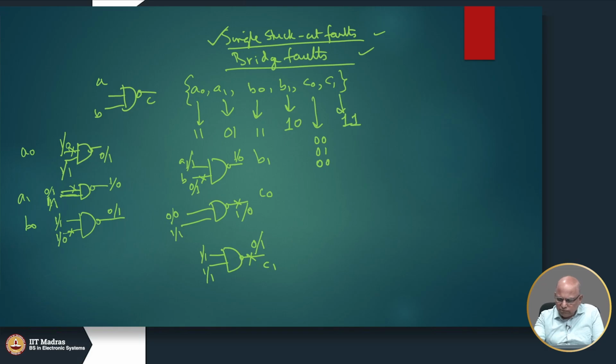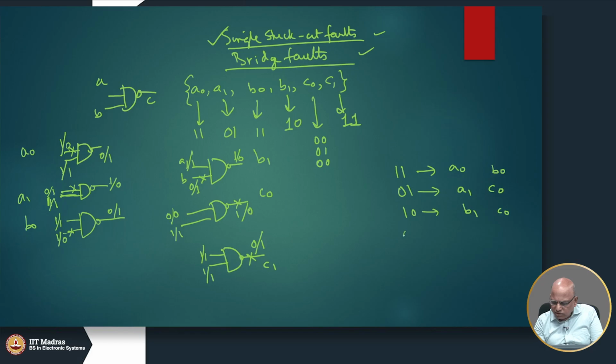So, if I start picking the vectors, suppose I pick vector 1 1, that catches A0 and it also catches B0. If I look at 0 1, that catches A1 and C0. If I look at 1 0, that catches B1 and it catches C0.